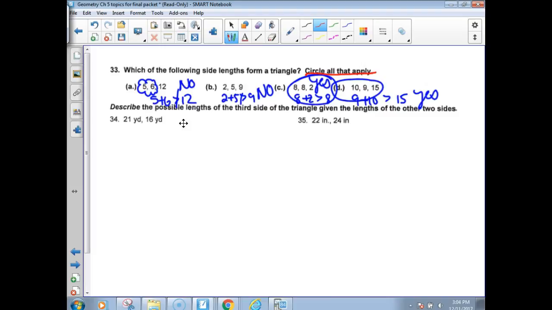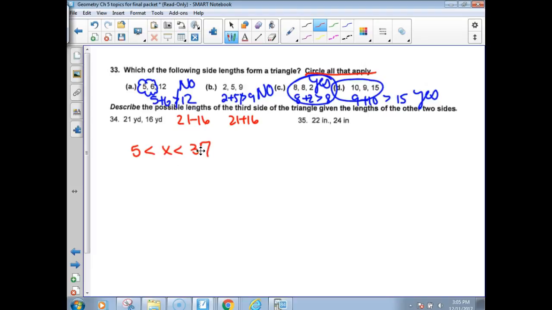Okay, now describe the possible lengths of the third side. That's when you add and subtract to get the range. 21 minus 16 and 21 plus 16 tells you that it needs to be between 5 and 37. You can write it like this as an inequality. That's how you're usually going to see it.